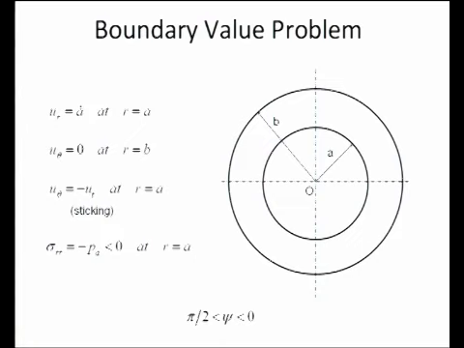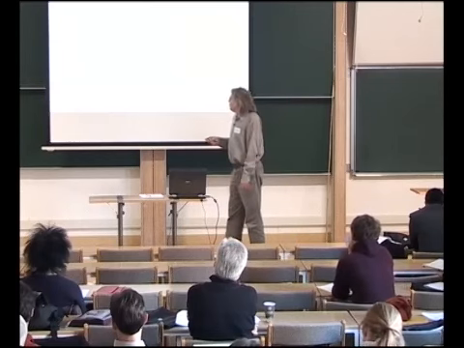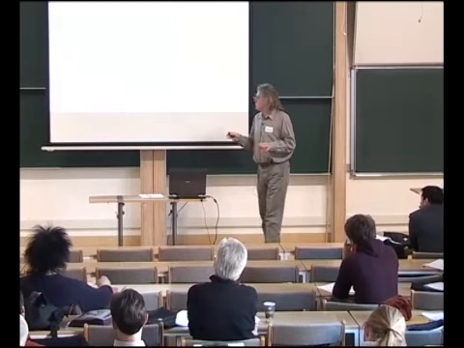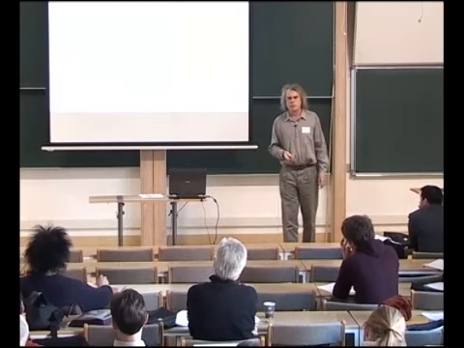The rate of expansion or contraction of this radius is given, and then we assume that this surface is fixed against rotation, and also in the case of sticking, the velocity is prescribed here.